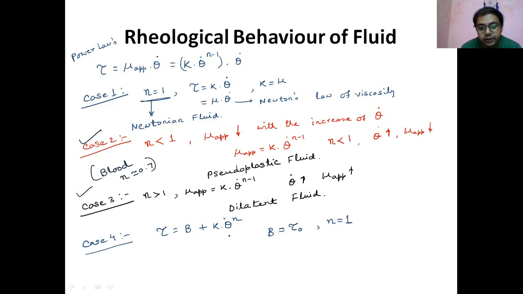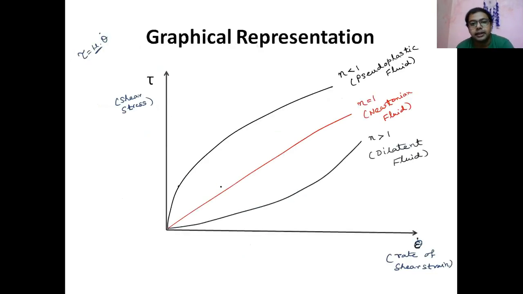This kind of fluid is known as the Bingham plastic fluid. After giving a certain stress, you can see the plastic behavior. If you plot this kind of thing here, you require some initial stress, and it will be like this. This is the amount of initial stress required here.